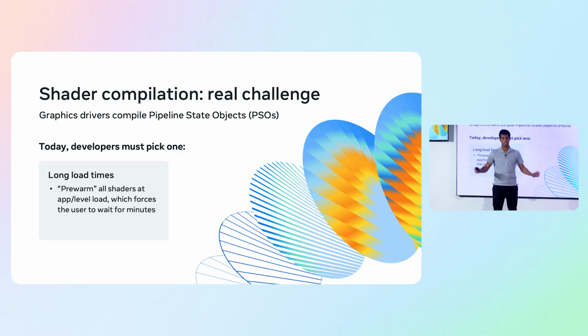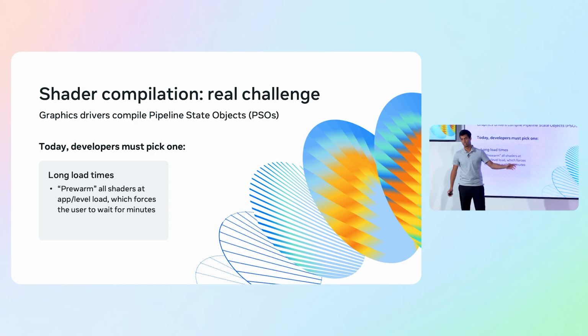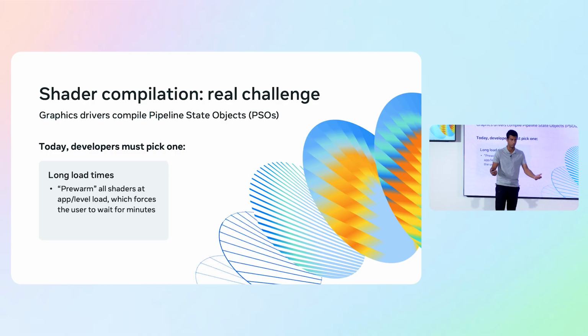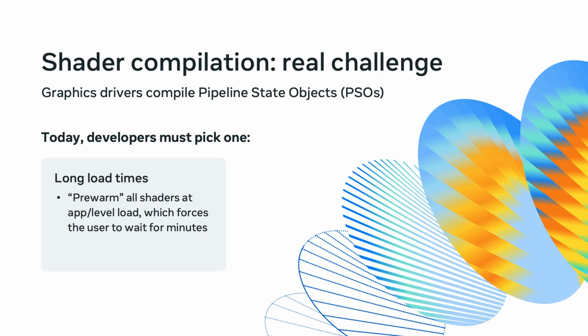You have pre-warmed the shaders. Now your users can get a stutter-free experience. They can play the app, and it's going to feel good. But you do subject your users to that very long load time. And it's not just once. If we have a graphics driver update, which happens pretty frequently, you subject them to it again one or two months later. So that's not a great solution.